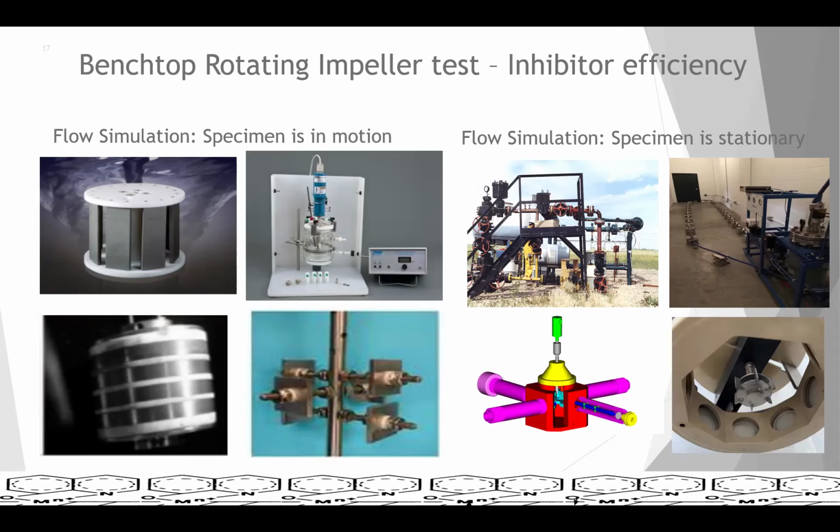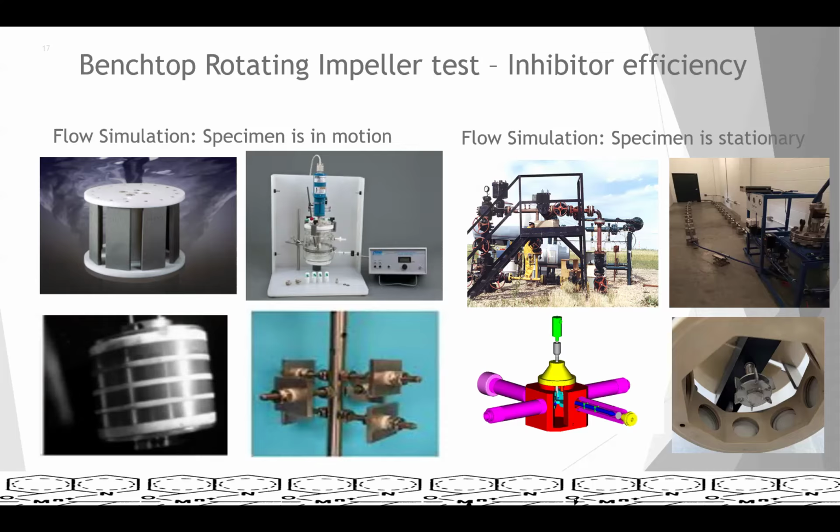So in our JIP, we are going to standardize the benchtop rotating impeller test, in which the coupons are stationary, but the flow is simulated by the impeller. So that way, we kind of satisfy both schools of thought.